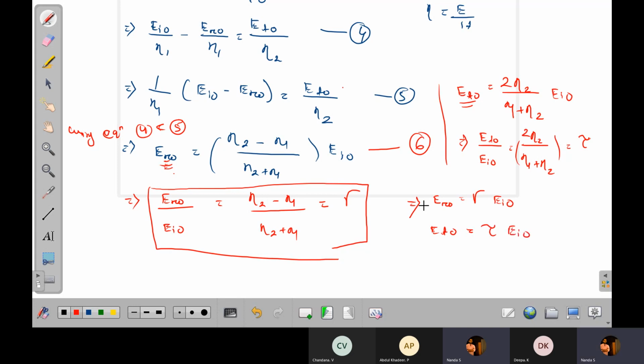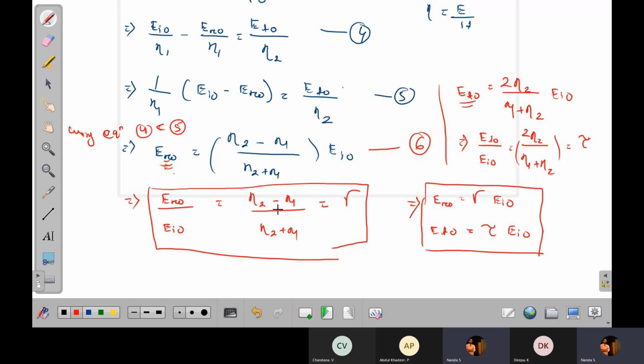So one equation for the transmitted wave, one equation for the reflected wave. If this constant is known, then we can find the amount of wave reflected back. So now what is this constant? This constant depends upon eta 2 and eta 1.